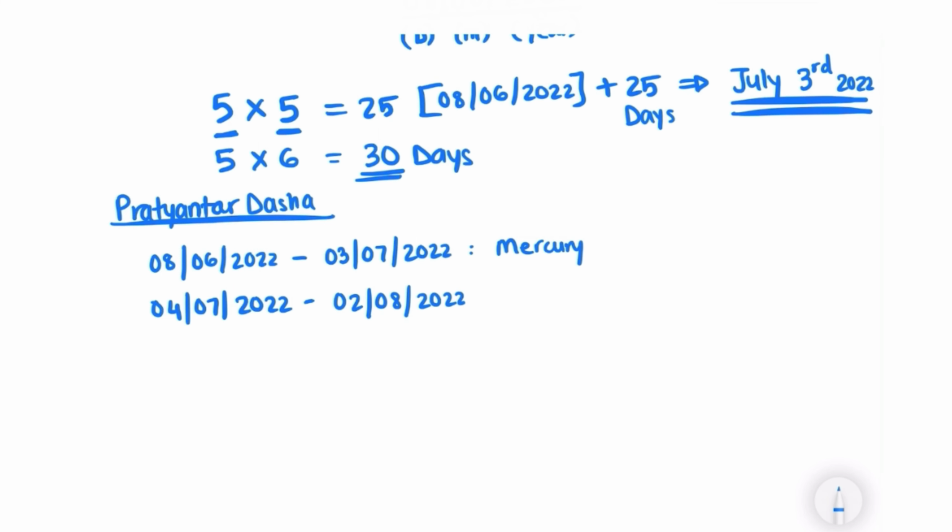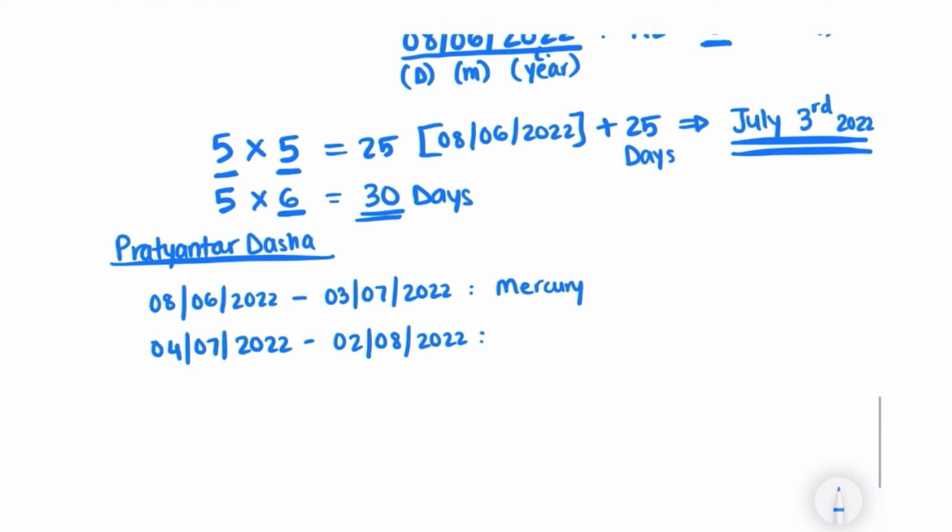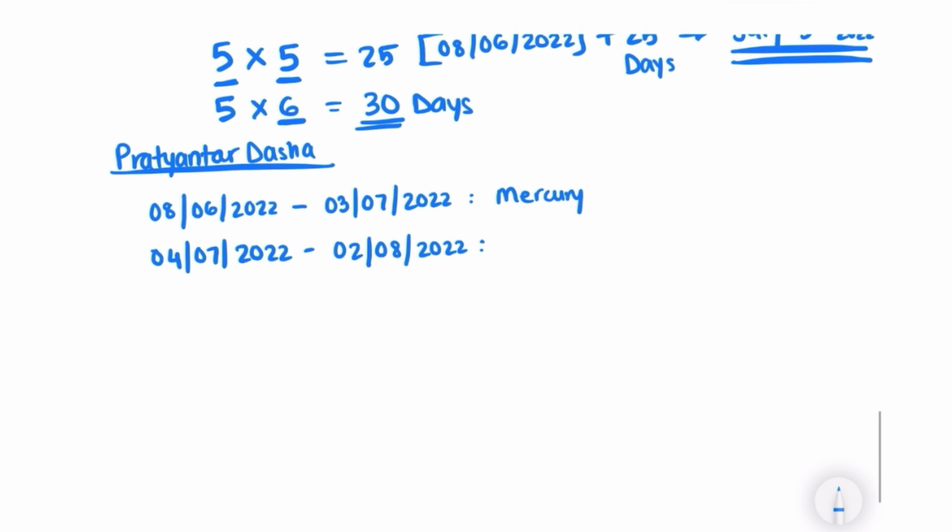And please make sure you also count the months that have 31 days. Some months have 31 days, some have 28, some have 30. So make sure you count it properly. So from July 4th to August 2nd, since 5 is the Antardasha number, we always multiply 5. Okay, so 5 times 6, and 6 is Venus, right? So then the Pratyantardasha will be Venus during this period.